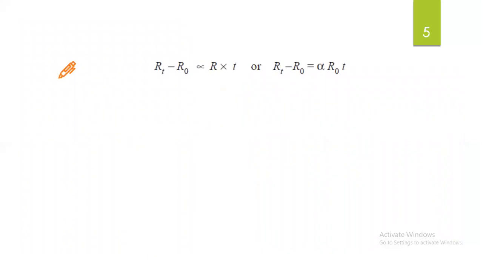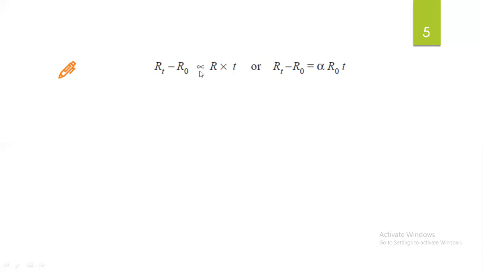Let's see the relation. As we discussed, the change in resistance depends upon the initial resistance. The difference, or increase in resistance, RT minus R0, is directly proportional to resistance and temperature.